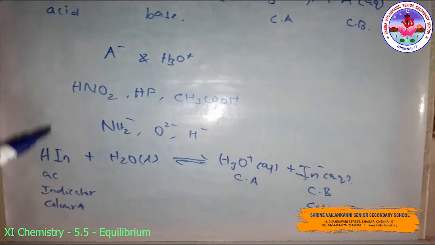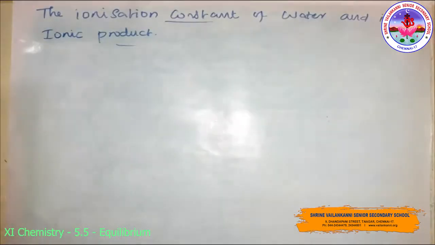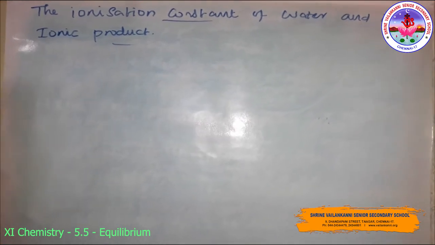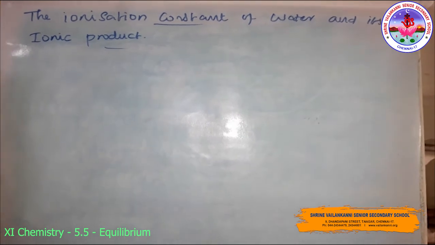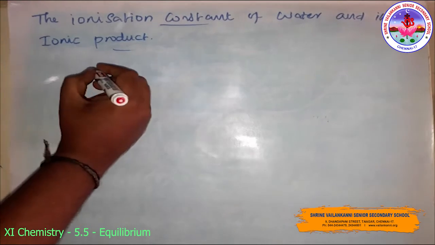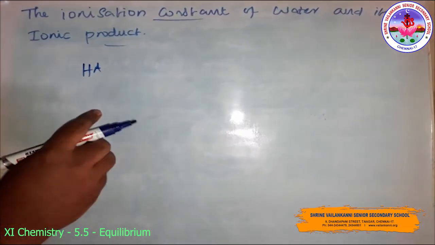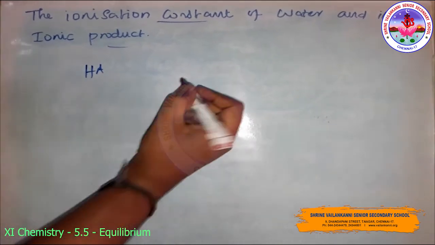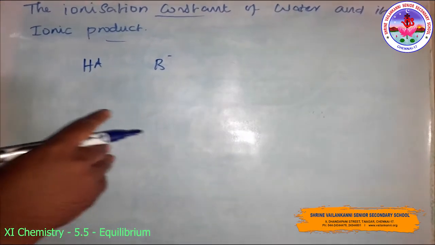Next, the ionization constant of water and its ionic product. Some substances like water are unique in their ability to act both as an acid and a base. We have already seen that in the presence of an acid, HA, water accepts a proton and acts as a base, while in the presence of a base, B minus, it acts as an acid by donating a proton.